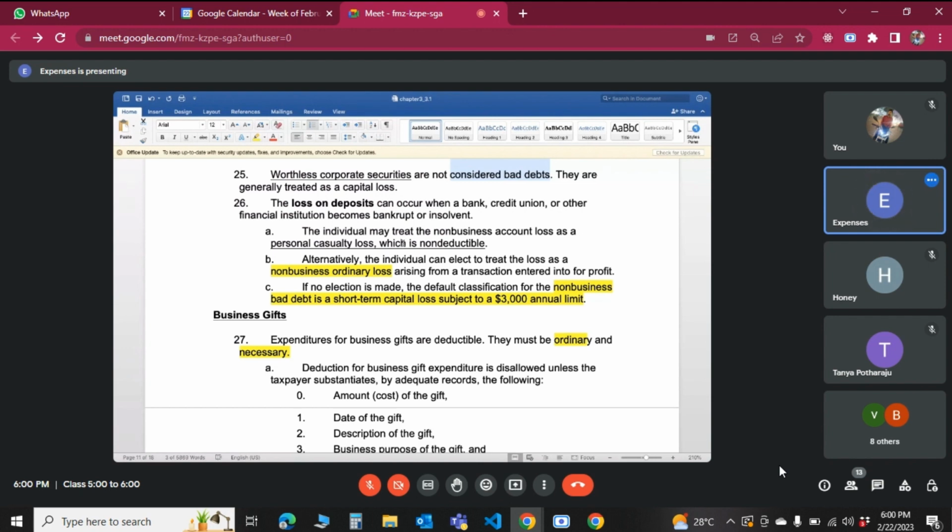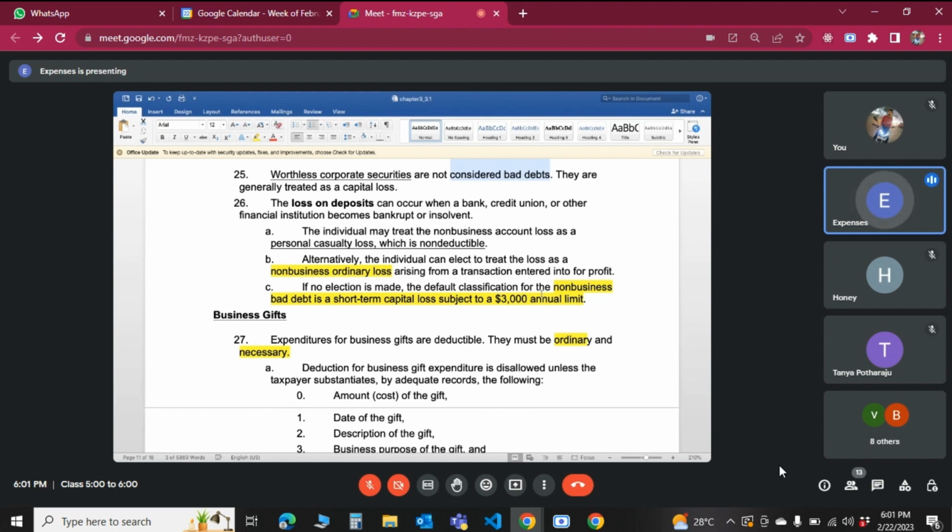If you take it as a personal casualty loss, it is not deductible. There are specific areas where you can put in that loss. Instead, take that as a capital loss, which is deductible, but there could be a $3,000 limit on it, so maybe you can take only $3,000 every year.